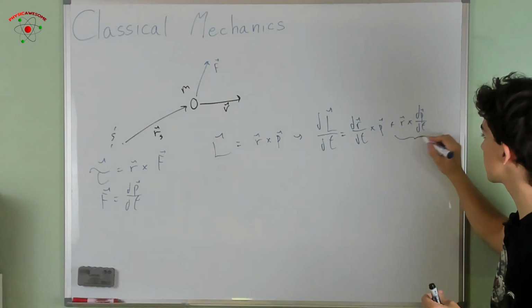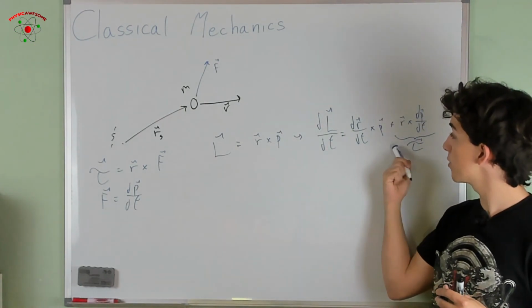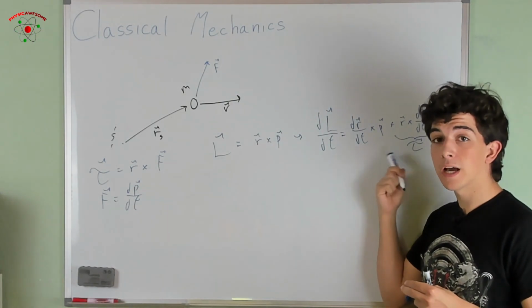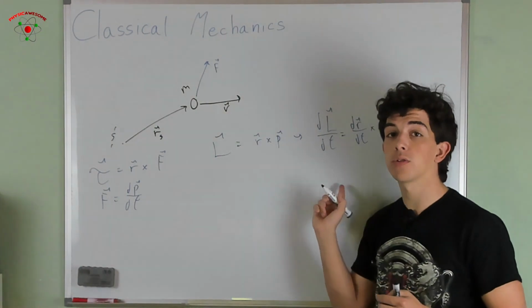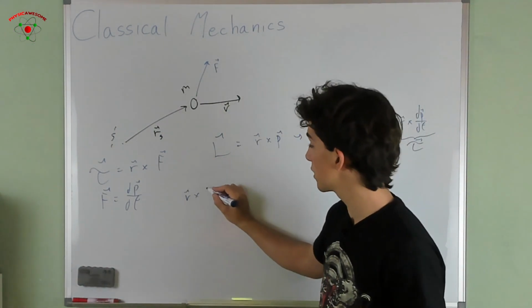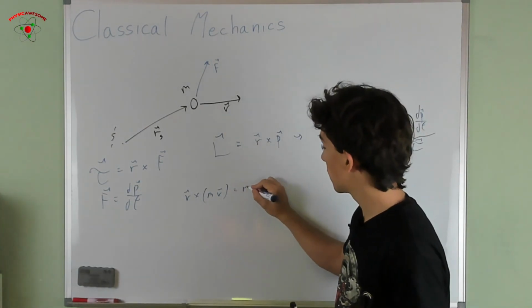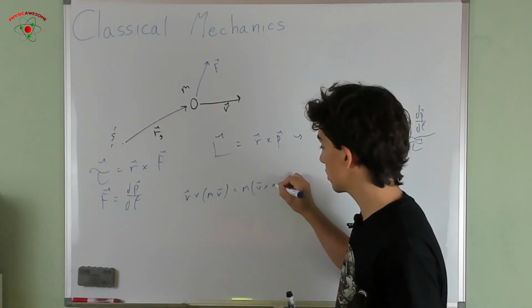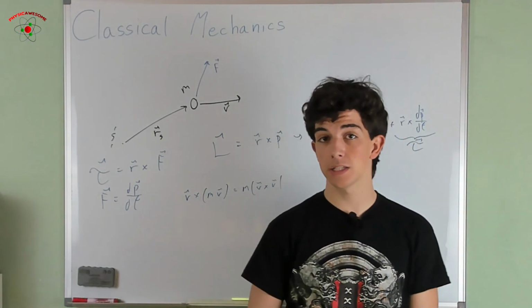Therefore, this term is no other thing than the torque. And this other term may seem complicated, however, we'll find that it's equal to 0. dr/dt is no other thing than the velocity, and the momentum is no other thing than mass times velocity. Therefore, this is equal to mass times velocity cross velocity, and we know that the cross product of two vectors that are parallel is equal to 0.